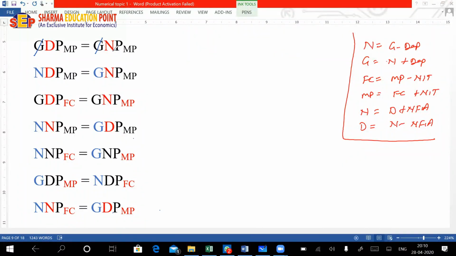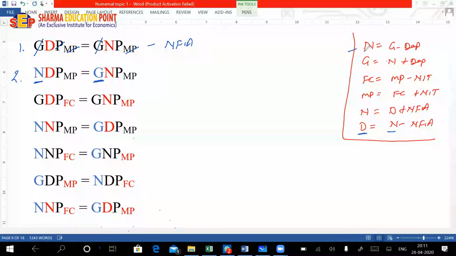Now DN: I need D on the left hand side and N on the right hand side, and you can see DN here says minus NFIA, so right here minus NFIA. Again P and P cancel, MP and MP cancel, so nothing else to do, only the first point is minus NFIA. Now point number 2: here it is net, this is gross, net gross.